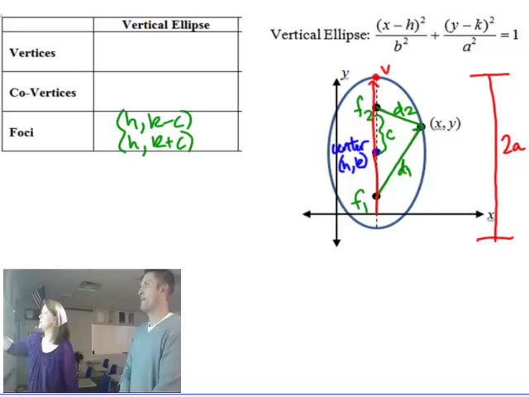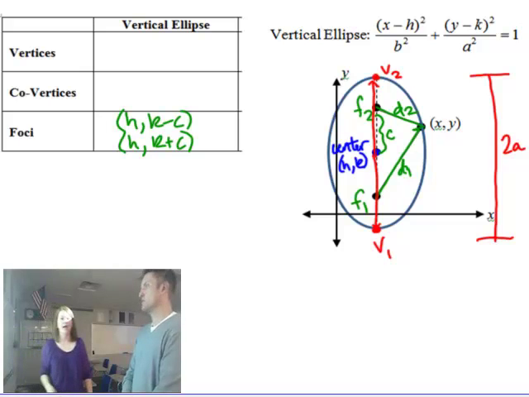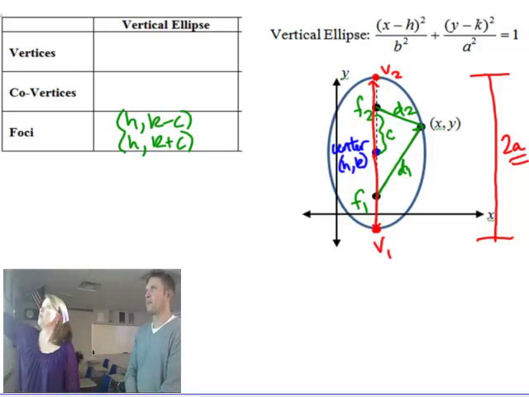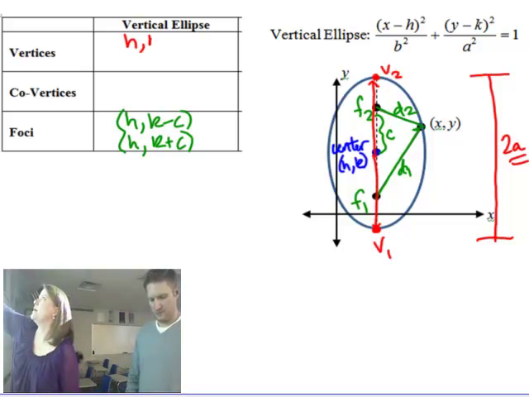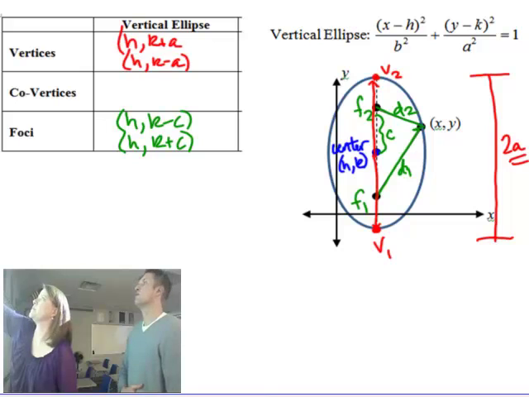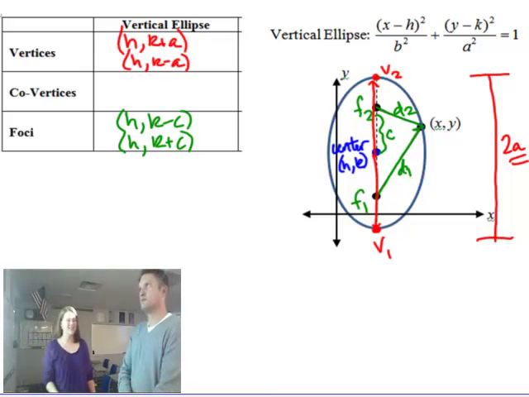And if I go from the center down to the bottom on a vertical ellipse, that is a vertex. So again, we got a vertex 1 and a vertex 2. Again, the y coordinate is changing, only this time it's changing by a. So we're going to have (h, k plus a) and (h, k minus a). Those are ordered pairs. Again, don't just memorize, think about a picture.